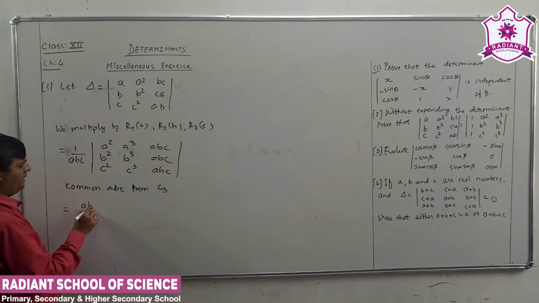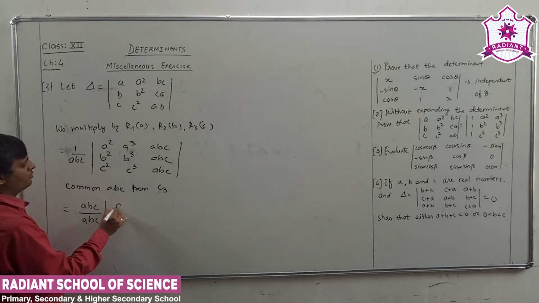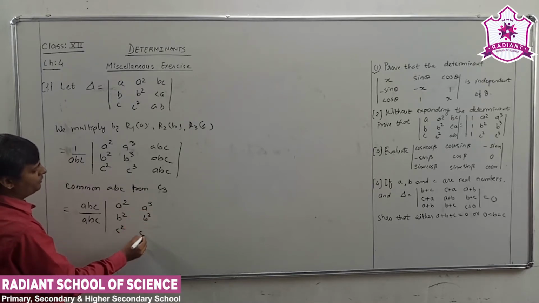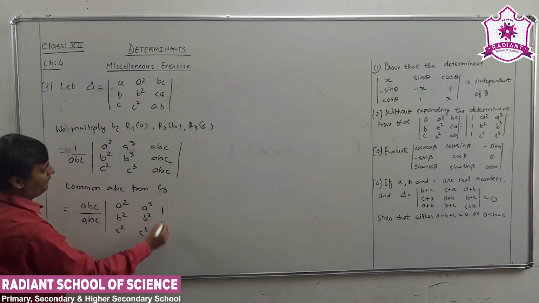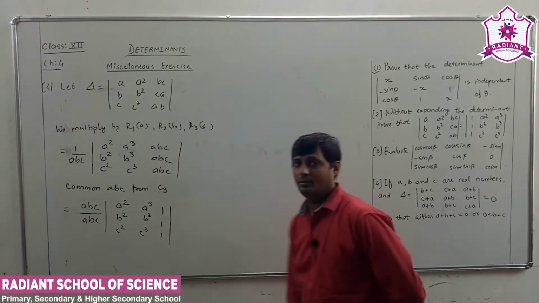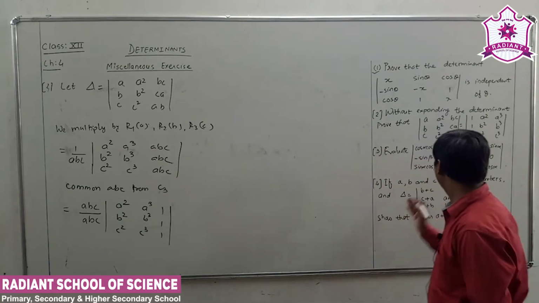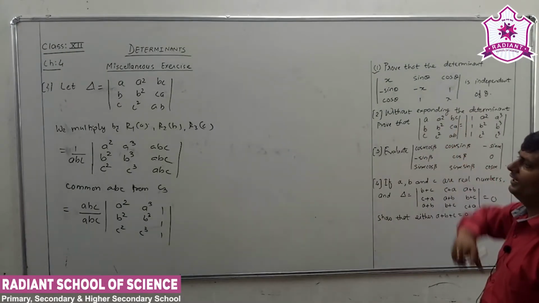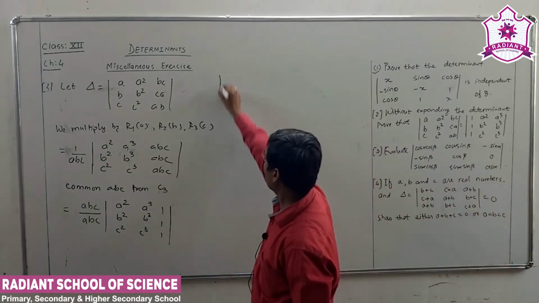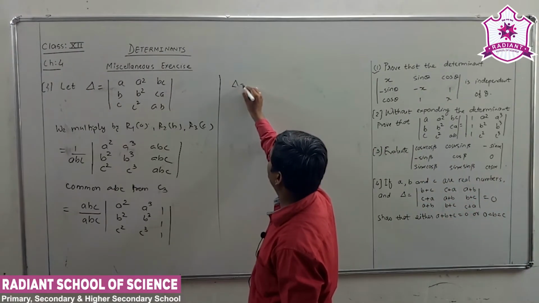So here abc is common, and we have a square, b square, c square; a cube, b cube, c cube; 1, 1 and 1. Got it? Think about your result. This is our delta, and we need the other form.